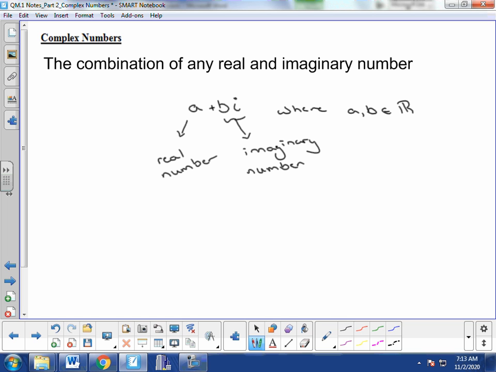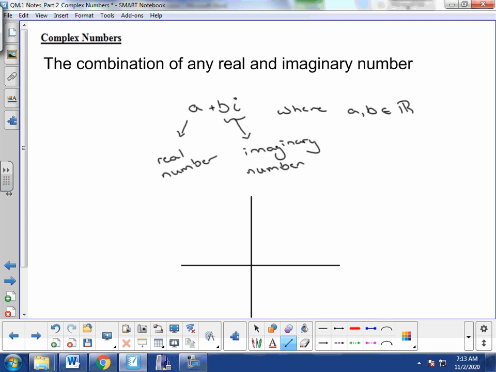So remember when we talked about graphs of equations that did not have solutions? Technically what we looked at was the real number line, the Cartesian plane which we're used to seeing. There is another plane that exists, and it's called the complex number plane.